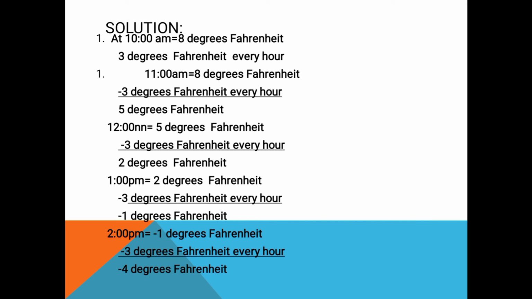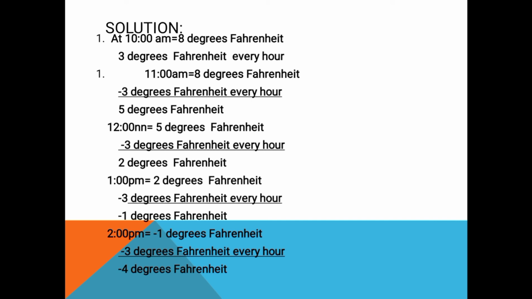What about at 1 p.m.? So copy 2 degrees Fahrenheit, then add to negative 3 because of the word drops. Then 2 plus negative 3, you subtract, copy the sign of the bigger number. So our answer is negative 1 degrees Fahrenheit at 1 p.m.